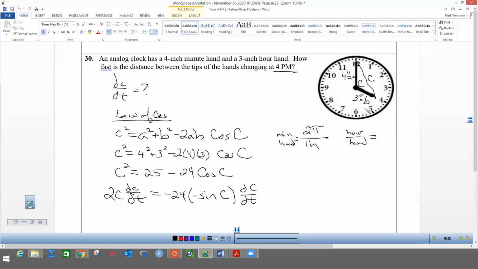The hour hand goes all the way around the circle in 12 hours. So that's going to be 2 pi divided by 12 hours, which reduces to pi over 6 per hour. You could just put pi over 6 and put the h there. That's the same story, so it doesn't really matter how you do that.